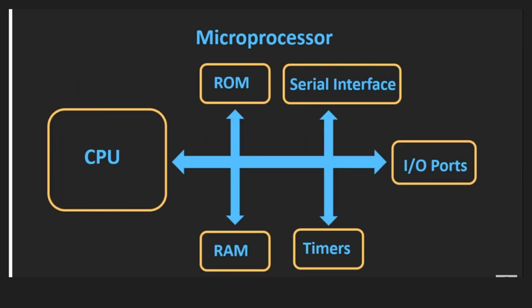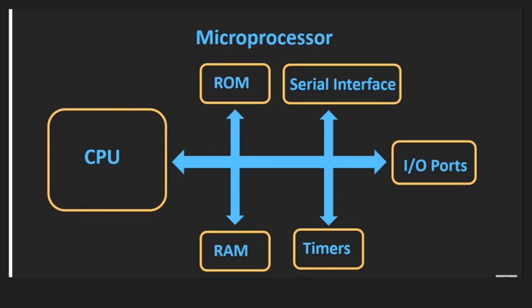This figure shows the architecture of a microprocessor. Here there is a central processing unit and all other peripheral units are externally connected. It depends on the application. We need to buy the random access memory, read-only memory, serial interface, input-output ports and timer separately according to our need, and connect them with the central processing unit.